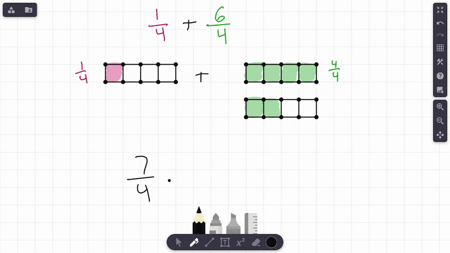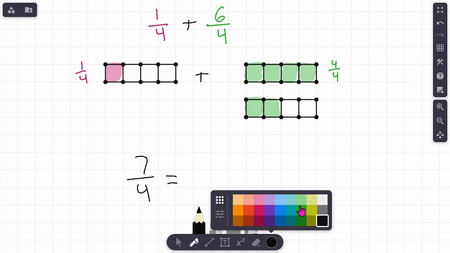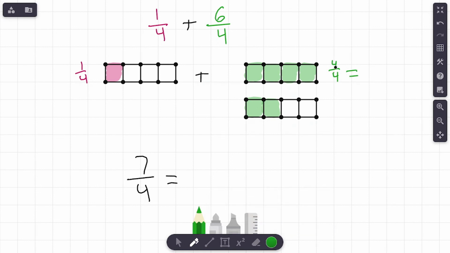So you've got 7/4, but 7/4, if we were to write that as a mixed number, take a look at this. 4/4 would also be equal to 1 whole because we colored in the whole thing. This model here is 2/4. So take a look at this here. We've got 1 whole.